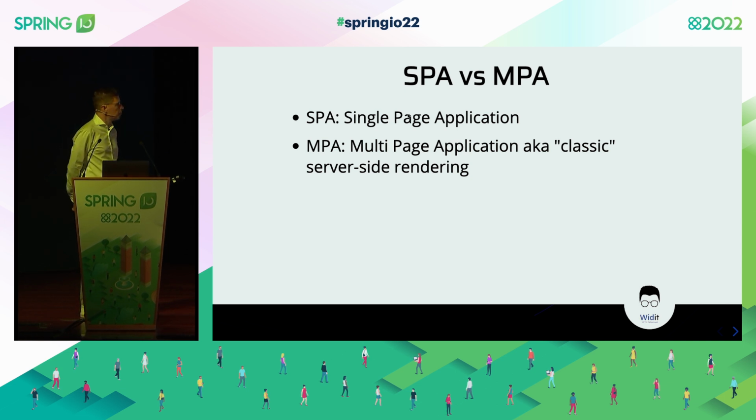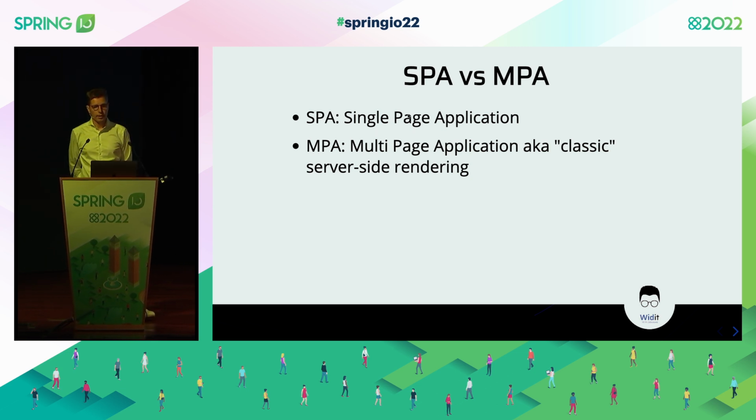Opposed to that, we have the MPA, or multi-page application, also sometimes called classic server-side rendering, where each page refresh needs a new page from the server. Mostly used technology there is Django with Python, or Laravel in PHP, and of course, in the Java world, there's Spring Boot and Thymeleaf.